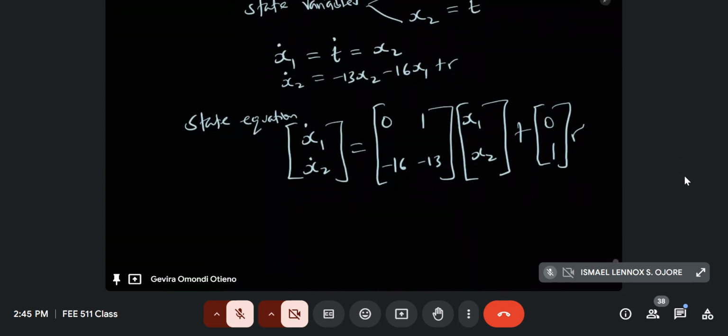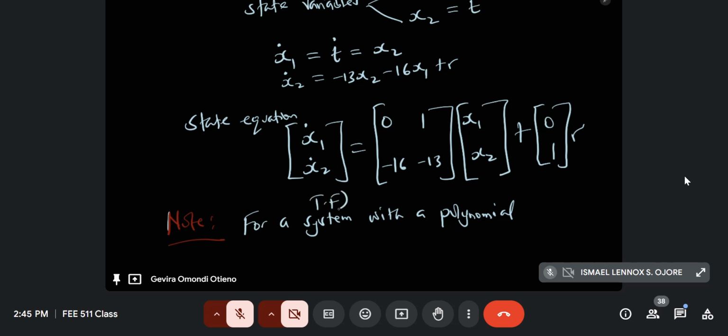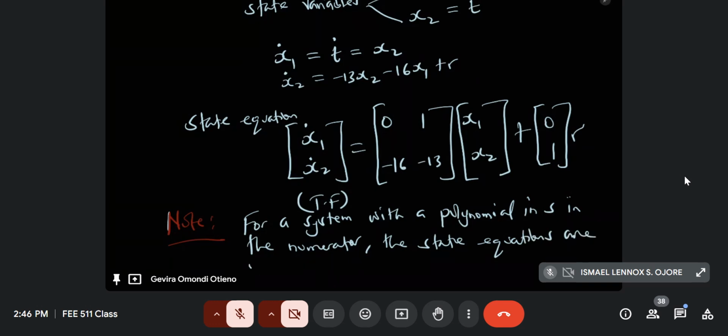So the point to note here is that for a system with a polynomial, when I say a system, I mean a transfer function, with a polynomial in S in the numerator, the state equations are obtained from the first block.